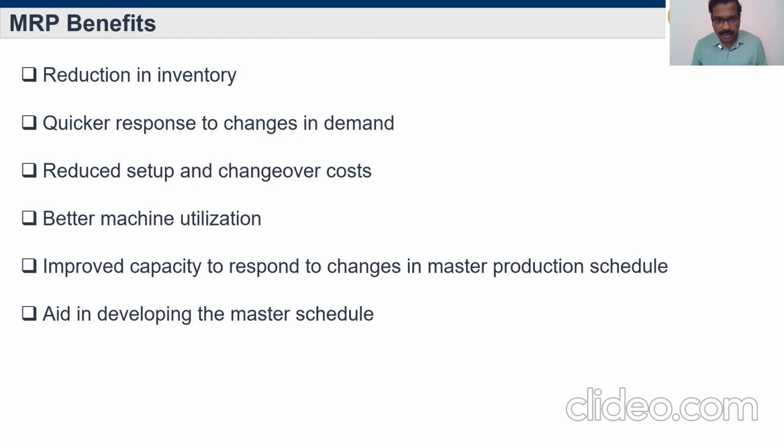And improved capacity to respond to changes in the master production schedule. Means, as I said, MRP comes from the master production schedule. So if we work it properly in MRP, then it is easy to better prepare the master production schedule. If we have the master production schedule properly, then aggregate planning also will be good.